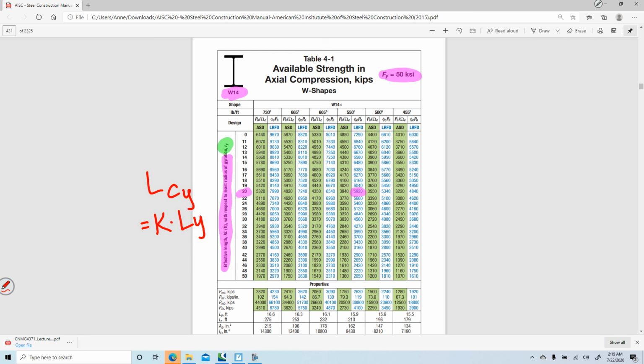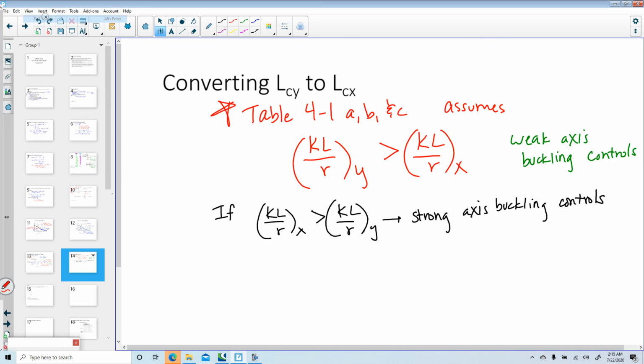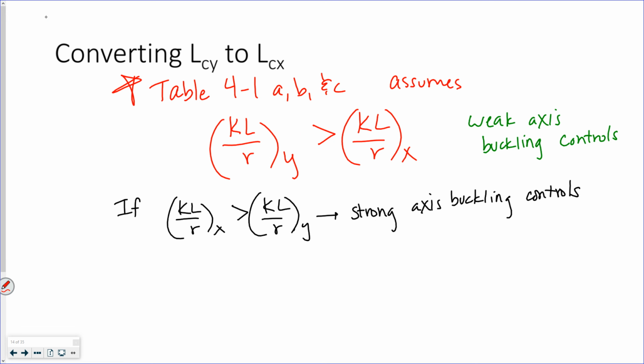But if I know that strong axis buckling controls, I can find an equivalent. And it's right there in the beginning of the chapter too.